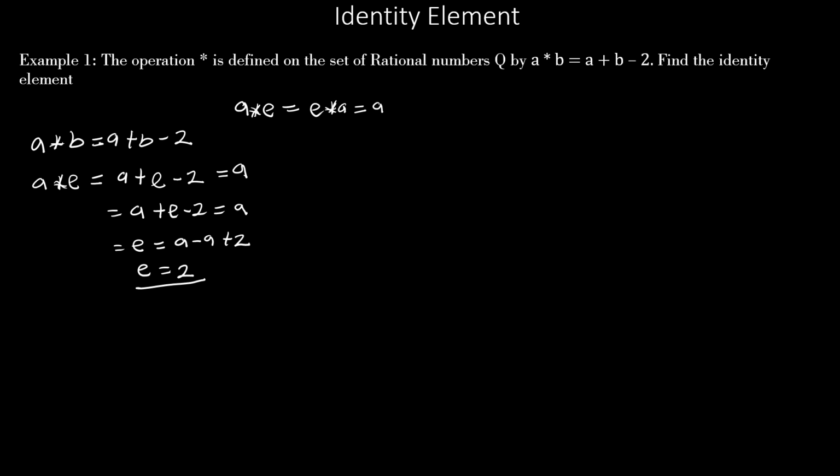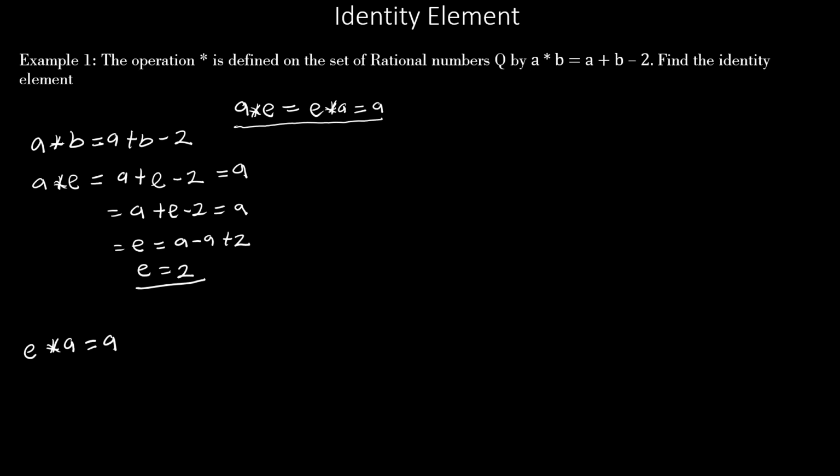Now if you look closely at the definition for the identity element here, we can see that a asterisk e must also be equal to e asterisk a. So here we checked for a asterisk e. It's greatly advisable to also check for e asterisk a, which must also be equal to a.